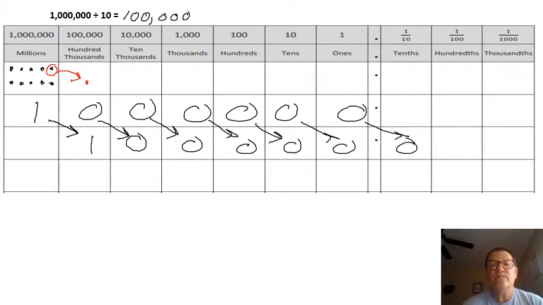And this here, since it is a decimal at this point, I really didn't have to put this one in there. I did that just to show you the digits are shifting. So as you can see, 1 million divided by 10, we ended up with 100,000. All right.